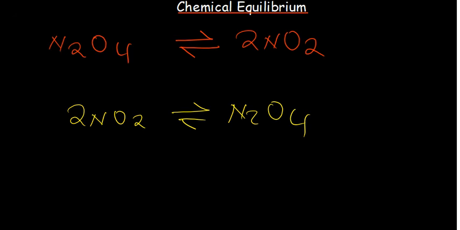Of course, we do know that this is a reversible reaction from the arrows that we have. Okay. In fact, even before we go to that, let's look at this in this way.